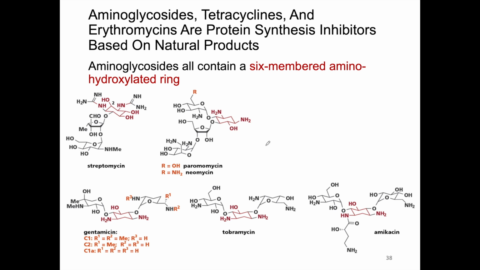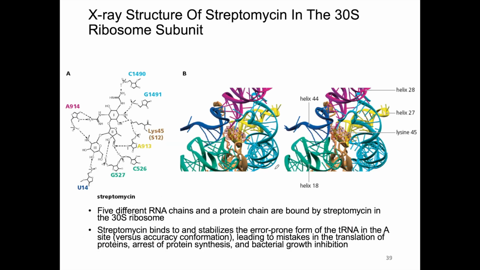Aminoglycosides are shown on this particular slide, and shown in red is the functionality that is the six-membered amino hydroxylated ring, and that's the functionality that is consistent between all of the aminoglycosides. As you can see, they then have various amino sugars appended to them in some capacity, and that enables them to bind the ribosome specifically. They're very polar molecules, all of the aminoglycosides.